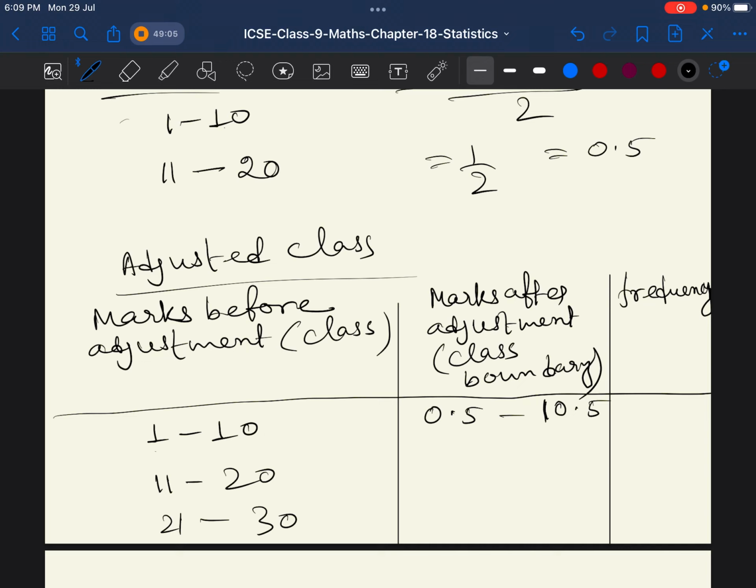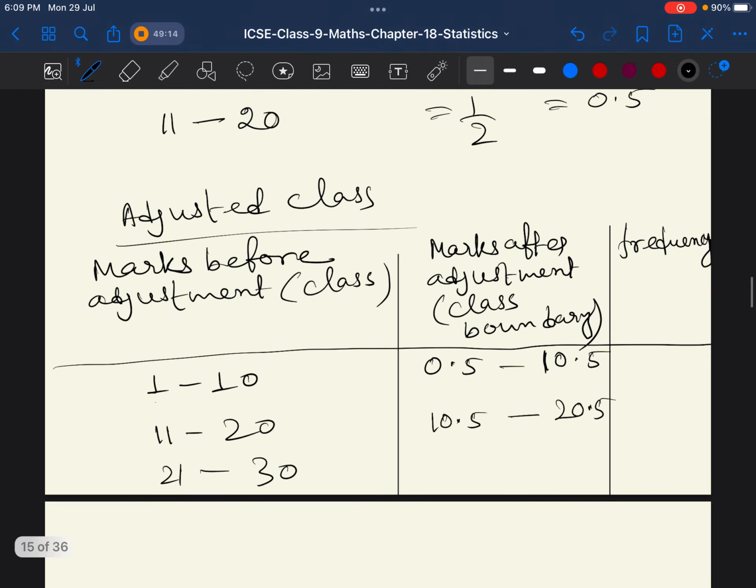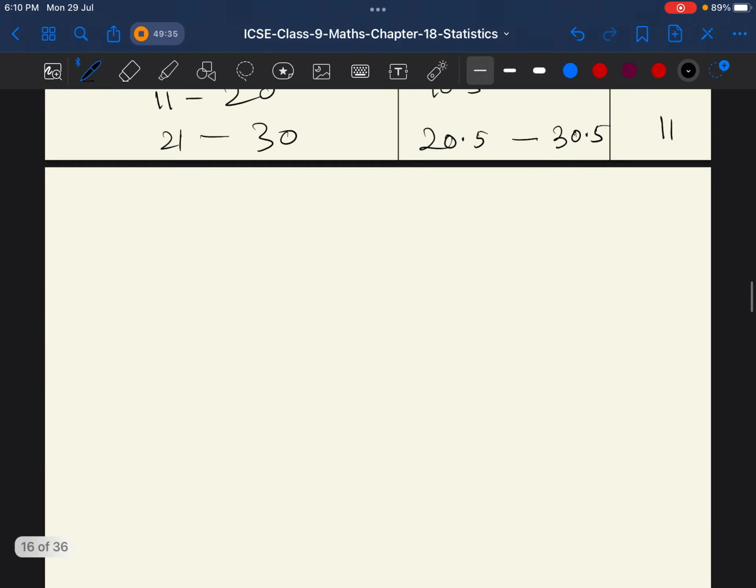Then 11 minus 0.5 is 10.5, and 20 plus 0.5 is 20.5. Then we subtract 0.5 from 21 and add it to 30, so 30.5. And the frequencies in example 1 are 6, 8, and 11.